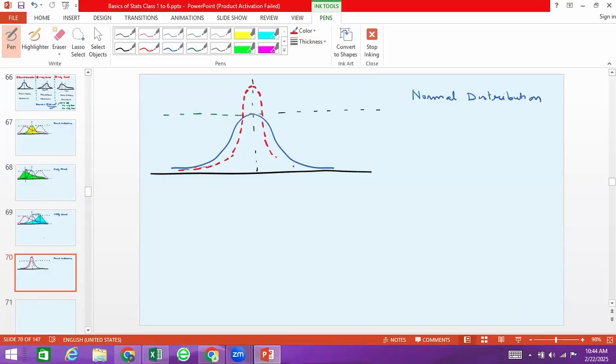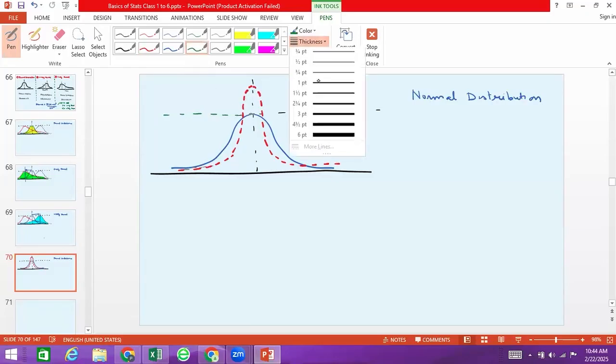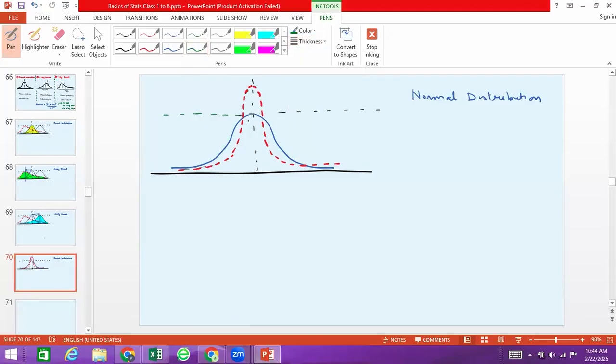Okay, this is one kind of distortion from the normal distribution. Or the peak will be flatter than what it should be, of lesser height than what it should be.